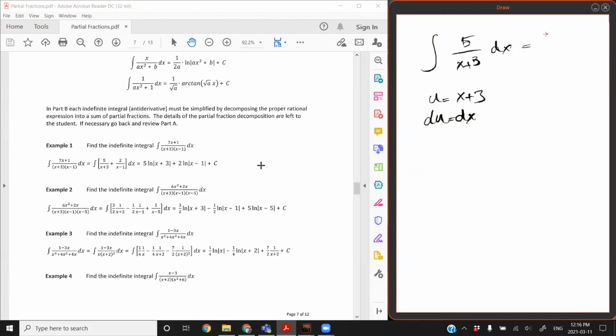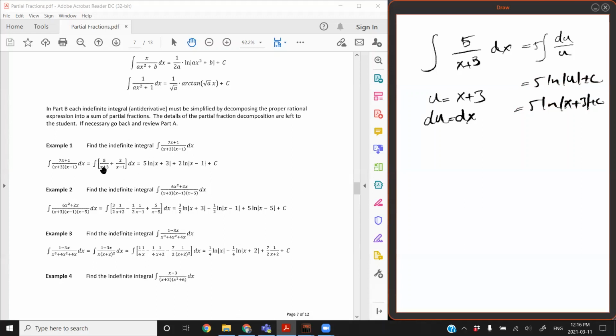So this becomes the integral of 5 du over u, right? So it's going to be 5 times ln of absolute value of u plus c. It's going to be 5 ln of absolute value of x plus 3 plus c. Yeah, what I meant, we redo the same step on the other side, right? For both of them, yes.